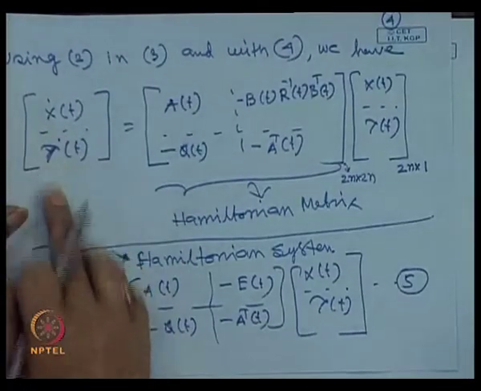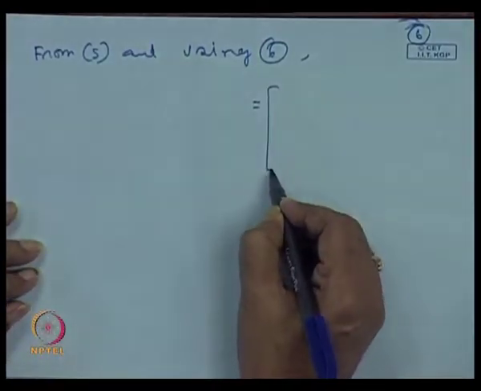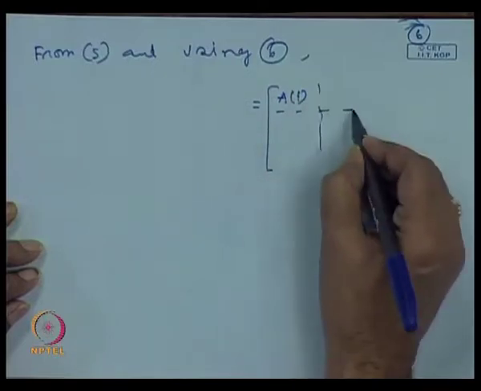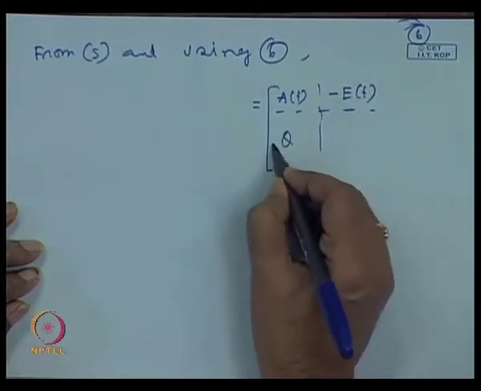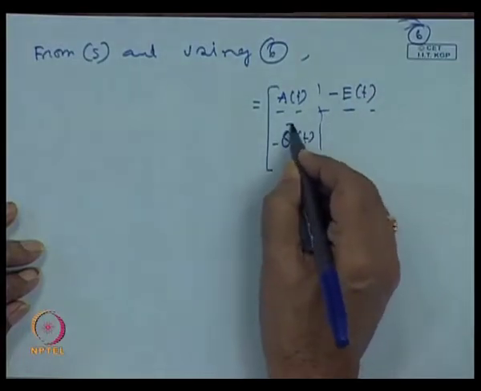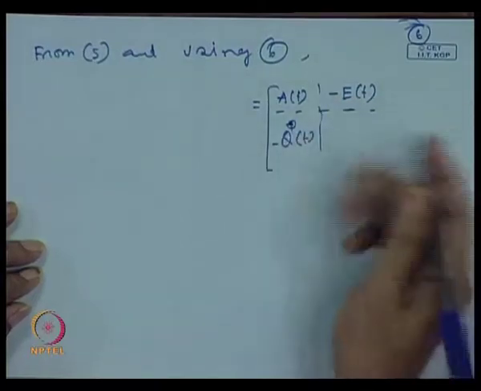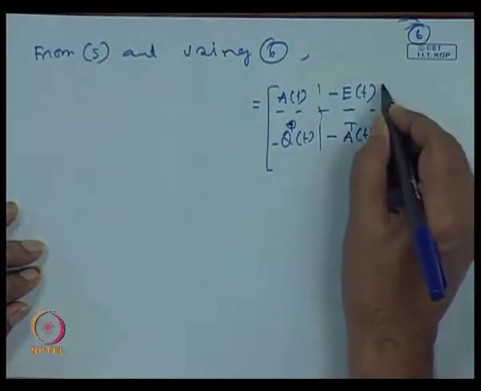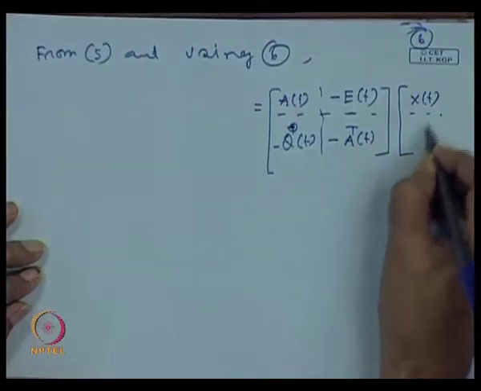So, the right hand side, x dot, lambda dot, is replaced by A of t, partition E of t, minus Q of t, sorry, not transpose, or you can write transpose because it is a symmetric matrix, minus A transpose of t. So, this is multiplied by x of t, lambda of t.